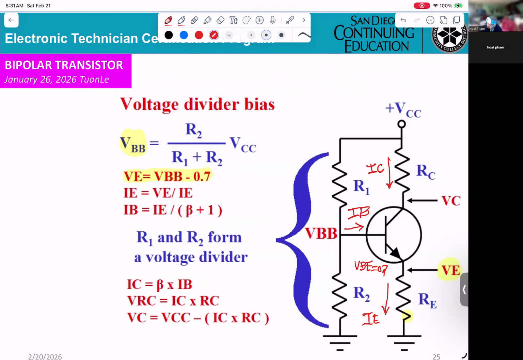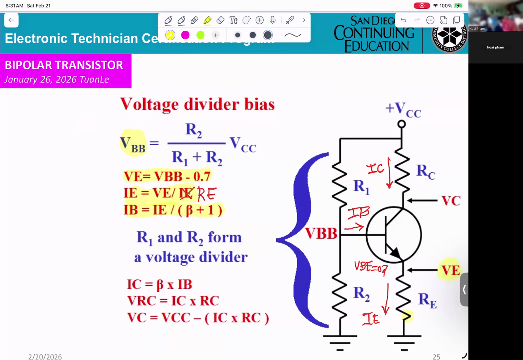Then you can calculate the IE: VE divided by RE. That's a mistake here. And IB equals IE divided by beta plus 1.